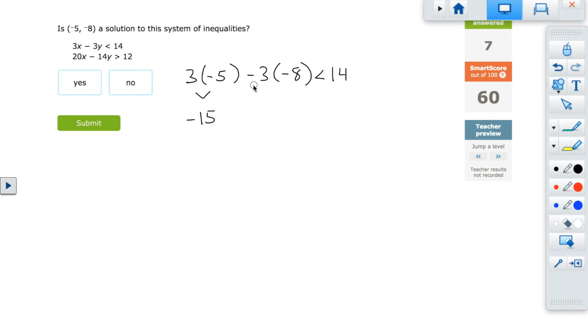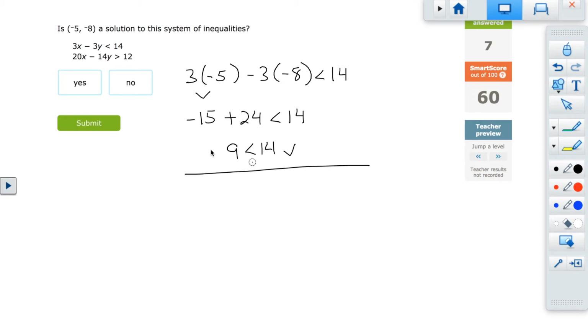I'm going to treat this as negative 3, and I'm going to do negative 3 times negative 8 is positive 24. Negative 15 plus 24, remember, they're different signs, so subtract, keep the sign of the bigger number. Is 9 less than 14? Yes, that's true.